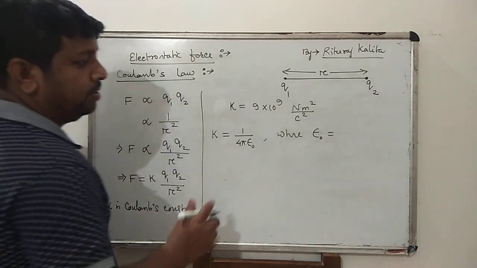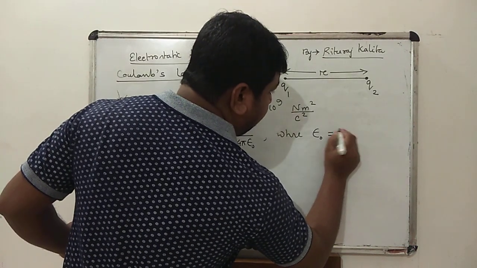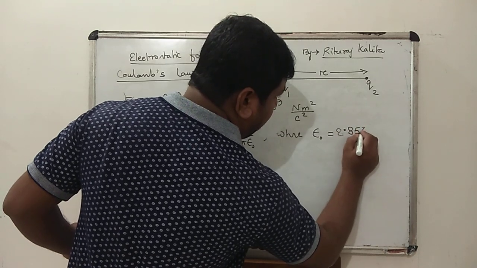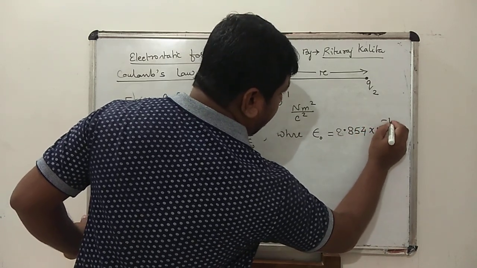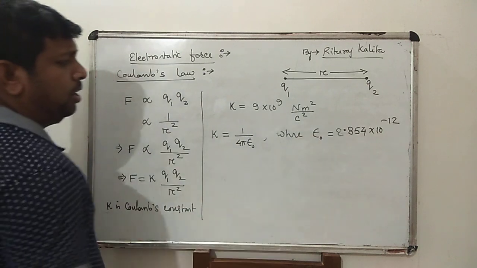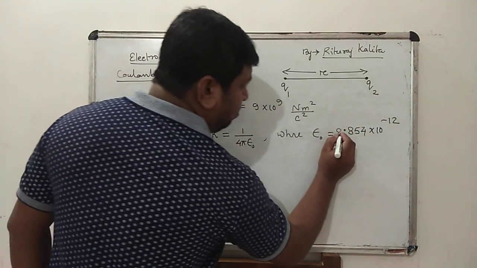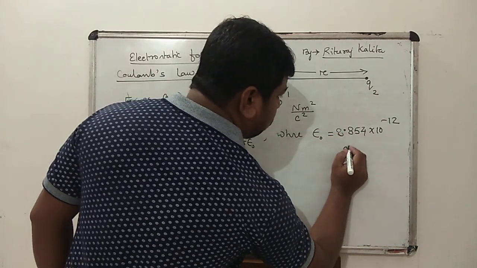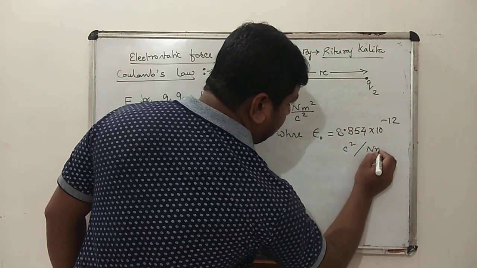Epsilon naught is equal to 8.854 into 10 to the power minus 12 Coulomb square divided by Newton meter square.